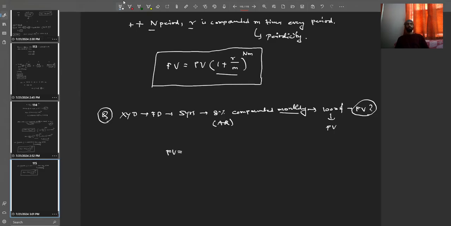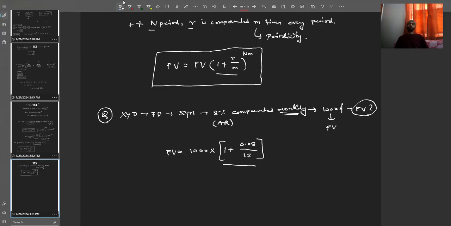FV is equal to present value or $1,000 multiplied by 1 plus the annual rate, which is 0.08 or 8%, divided by the periodicity. Periodicity here is monthly, which means we divide by 12.